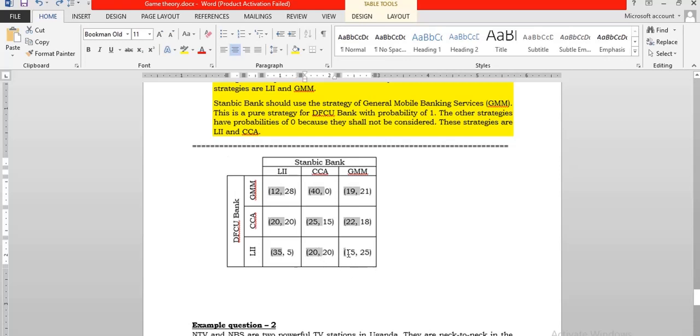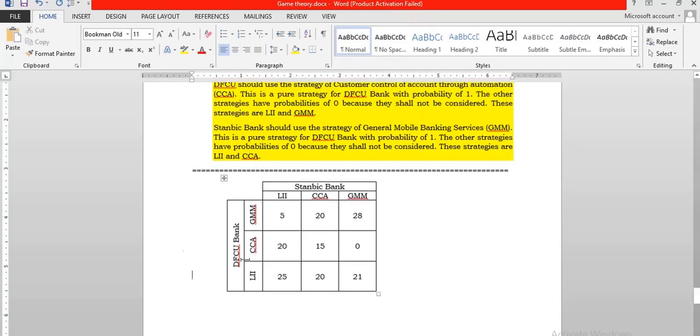Delete, remain with this one. At this particular point, we are going to do what we call a transpose of a matrix, so that we can have Stanbic properly reflected where it is supposed to be reflected.